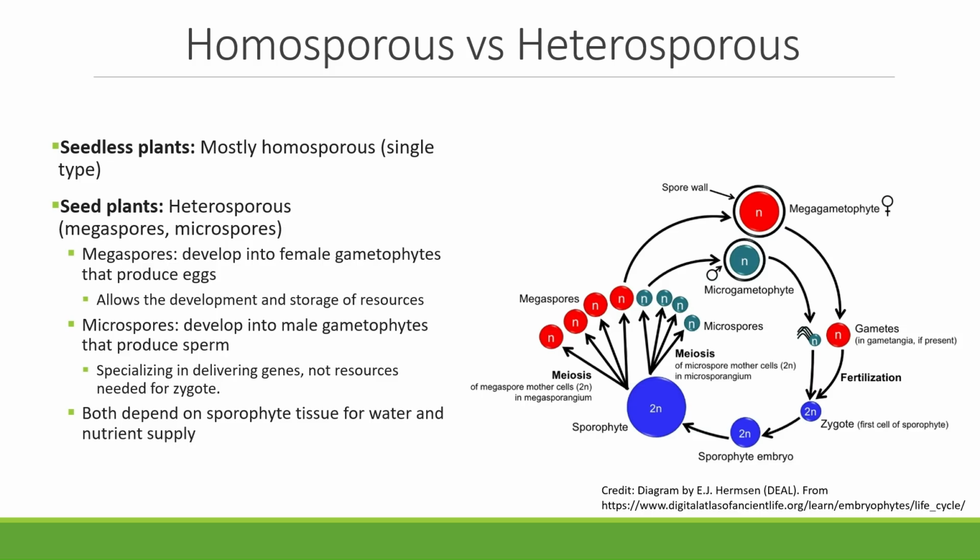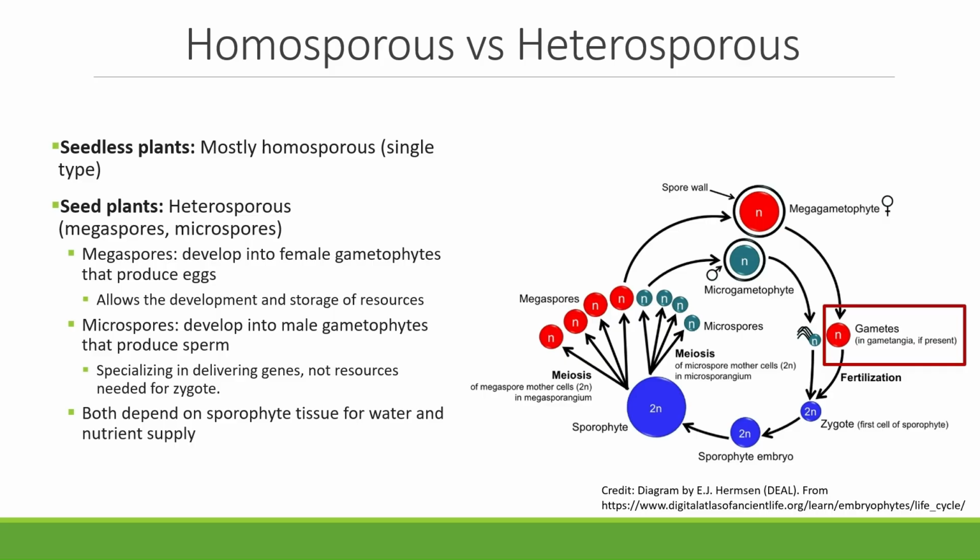The egg is built to be a stationary and larger gamete. This allows it to specialize in developing and gathering resources needed for fertilization. The microspores develop into male gametophytes that produce sperm. You can see them beside the megaspores there.